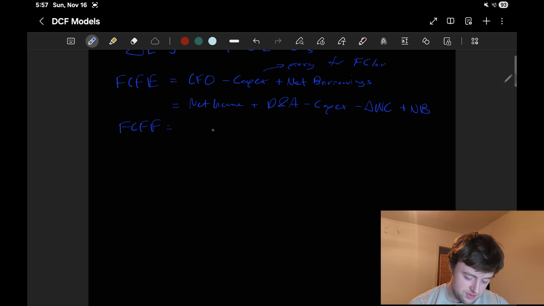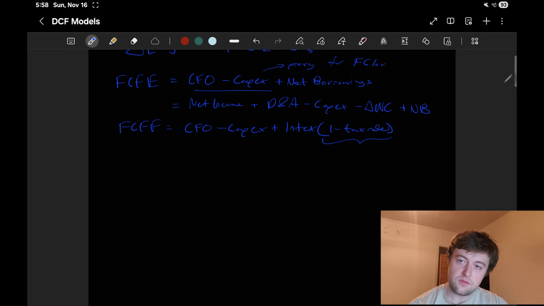At the start of the formula, we have cash flows from operations, or operating cash flows, and we take off our CapEx like we did up here with the free cash flow to equity, but we're going to add back our interest expense times 1 minus our tax rate. This has to do with the fact that debt payments or interest expenses are tax deductible. So that's why that's here.